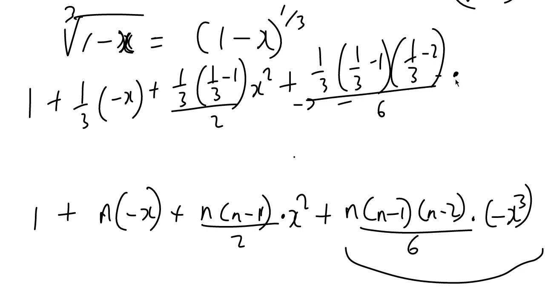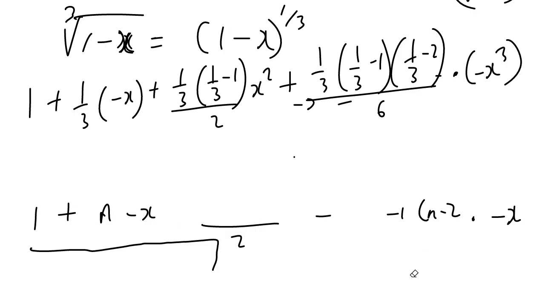And then negative x whole cube is, we already have it here, which is negative x cubed, right? So with this, we could simplify. On simplification, watch over here. Let me clean this off and do my simplification, and let's know what we're going to arrive at.